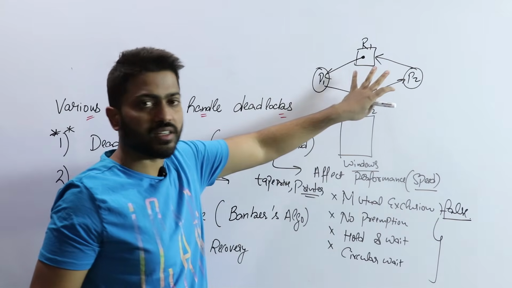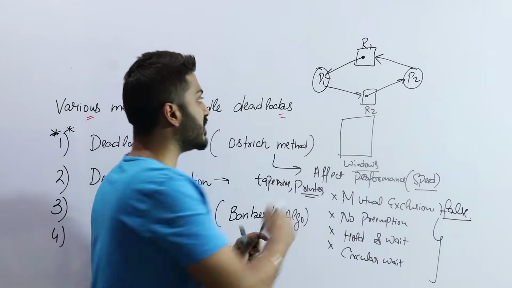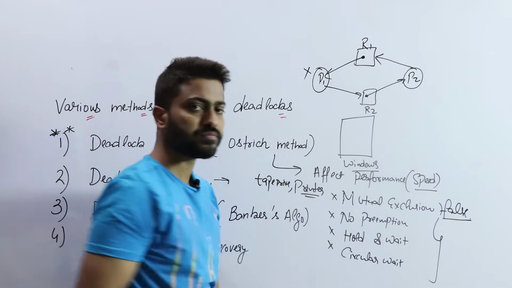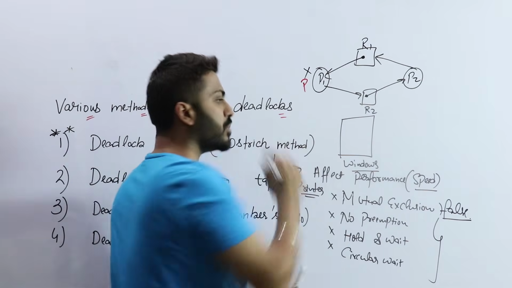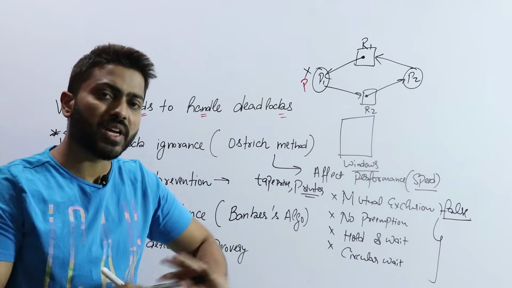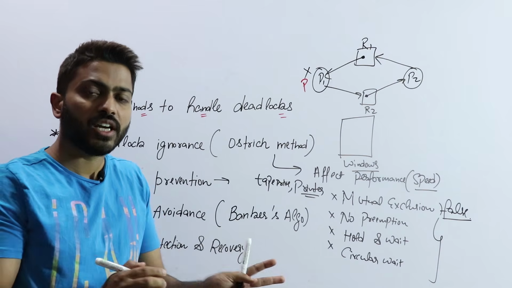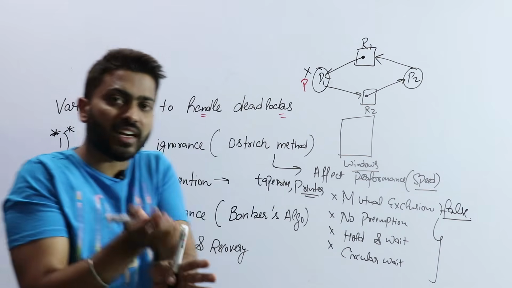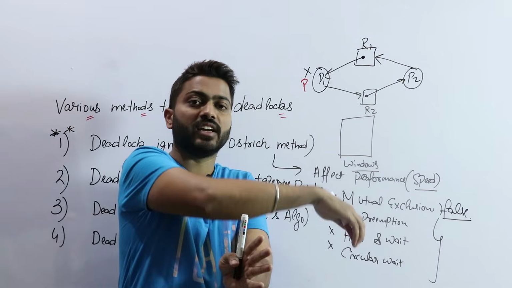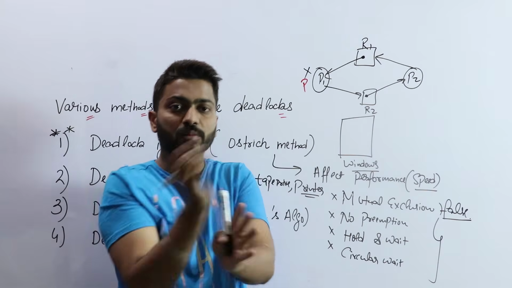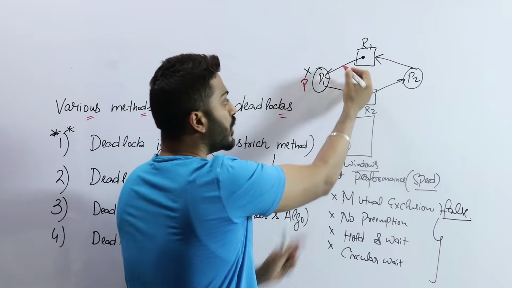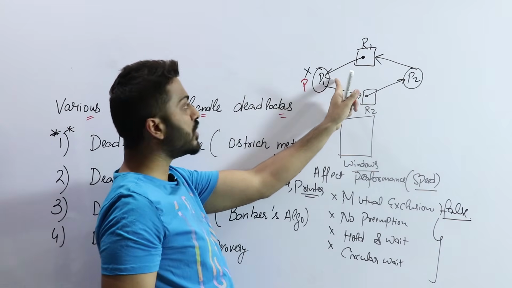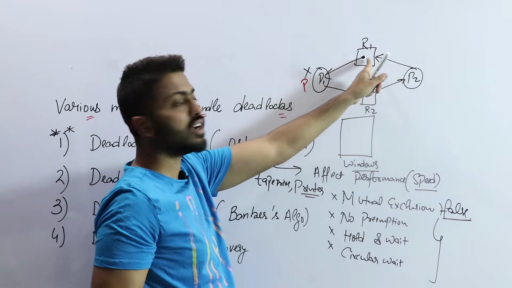Now in this method, let's say P1 gets preempted. I simply say, P1, you just preempt. If P1 got preempted, it will stop working and be sent from the running state back to the ready state. When it is sent to the ready state, whatever it is holding, what did P1 hold? P1 is holding R1.